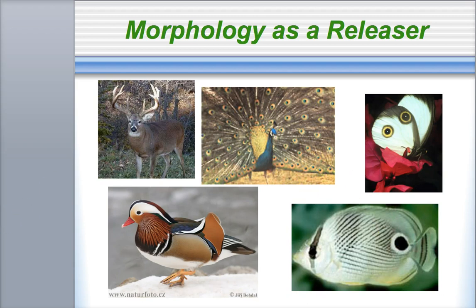And not only do you get these behaviors, but the presence of these behaviors can serve as an action pattern as well. So it can be a releaser and an action pattern. The antlers, for example, can be the releaser for another male who then comes to attack this guy.